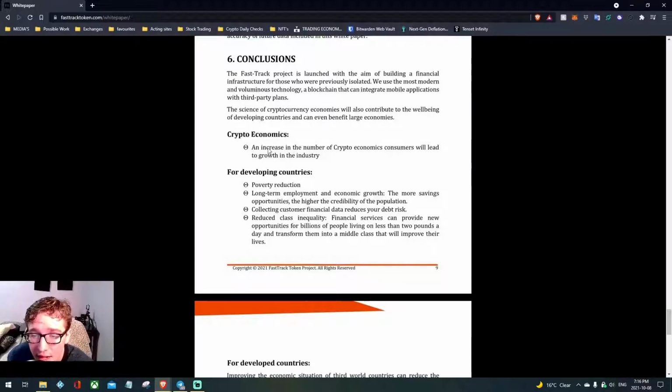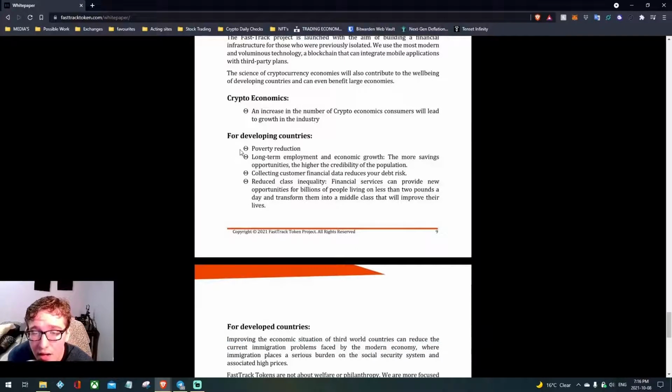Economics. An increase in the number of crypto economics consumers will lead to growth in the industry. For developing countries, poverty reduction, long-term employment, and economic growth. The more savings and opportunities, the higher credibility of the population. Collecting customers' financial data reduces your debt risk.